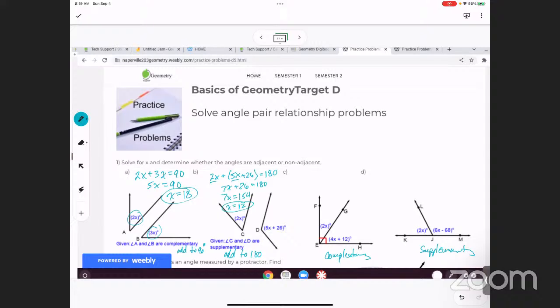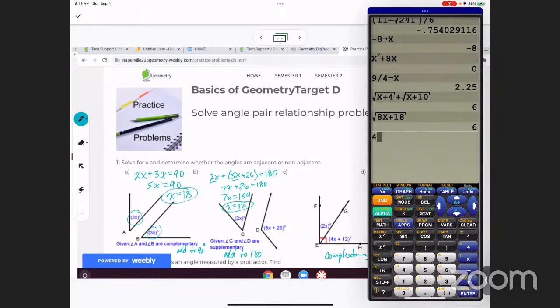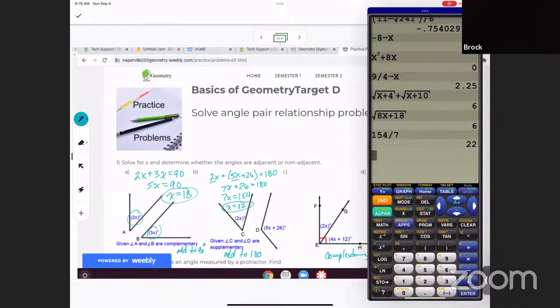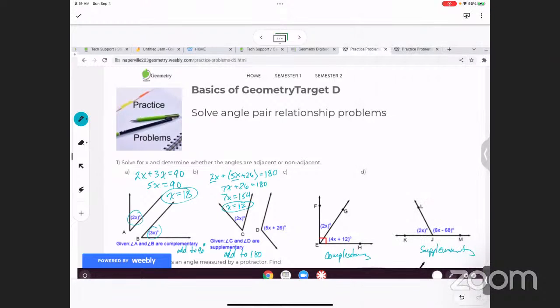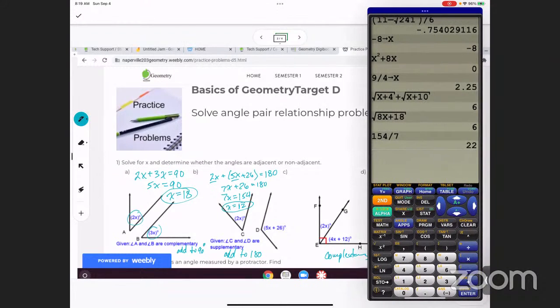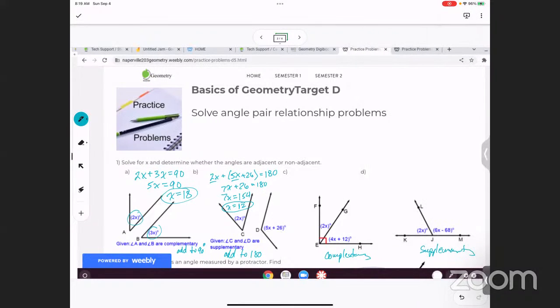Is that right? Oh, here, I got a calculator. 154 divided by 7. Well, not 12, 22.